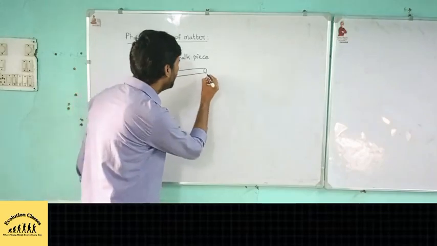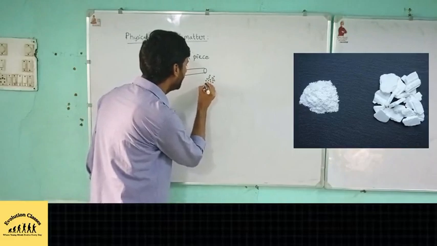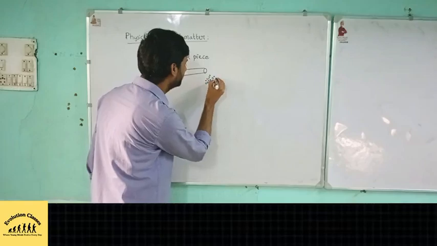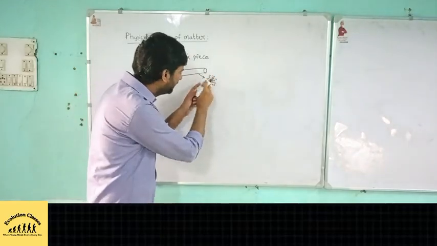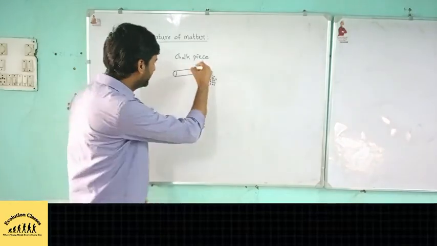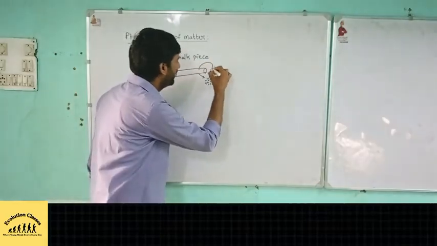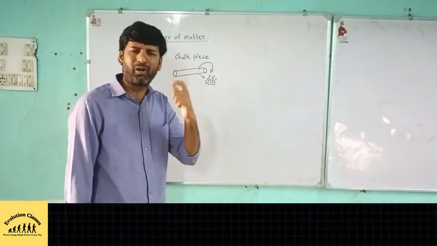You will get small particles, a powder. If you crush this chalk piece, you get small particles. That means this chalk piece is made up of very minute particles.